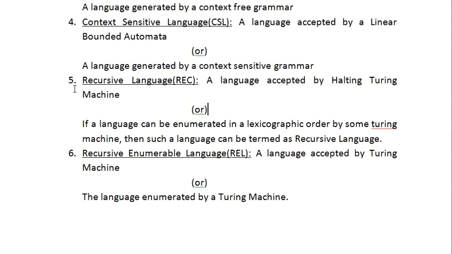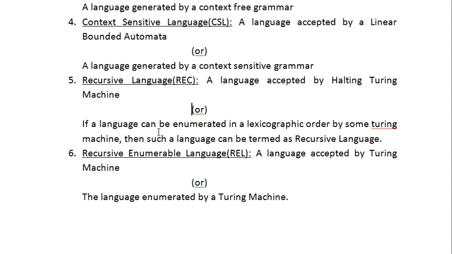And the fifth one is your recursive language. Recursive language and recursively enumerable language are two topics that you will learn particularly in unit number 5. If I talk about the small difference between these two, both are the same, accepted by Turing machine only. But what's the small difference?